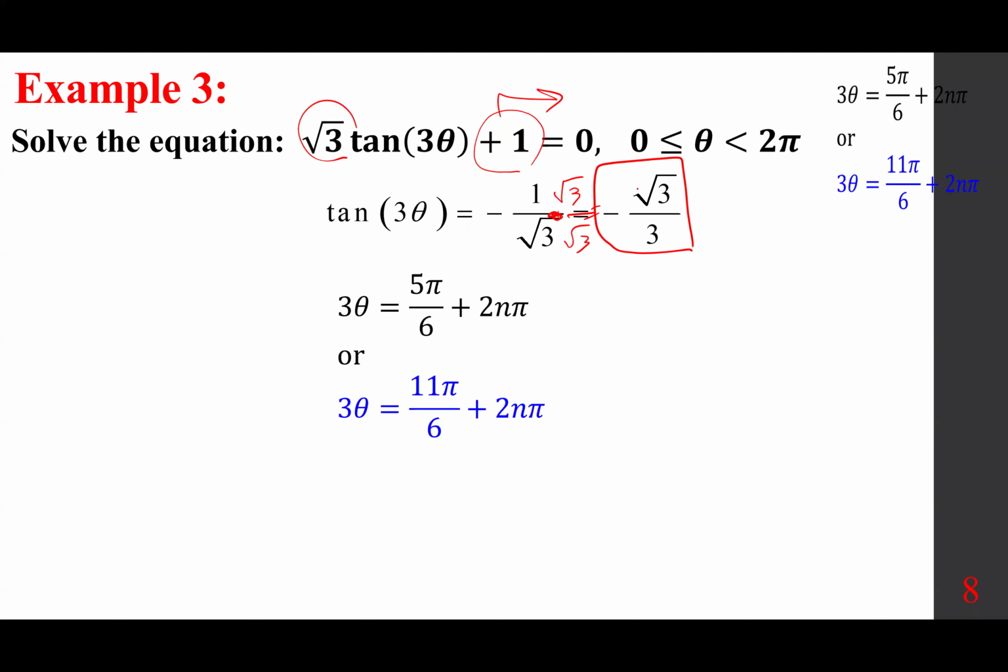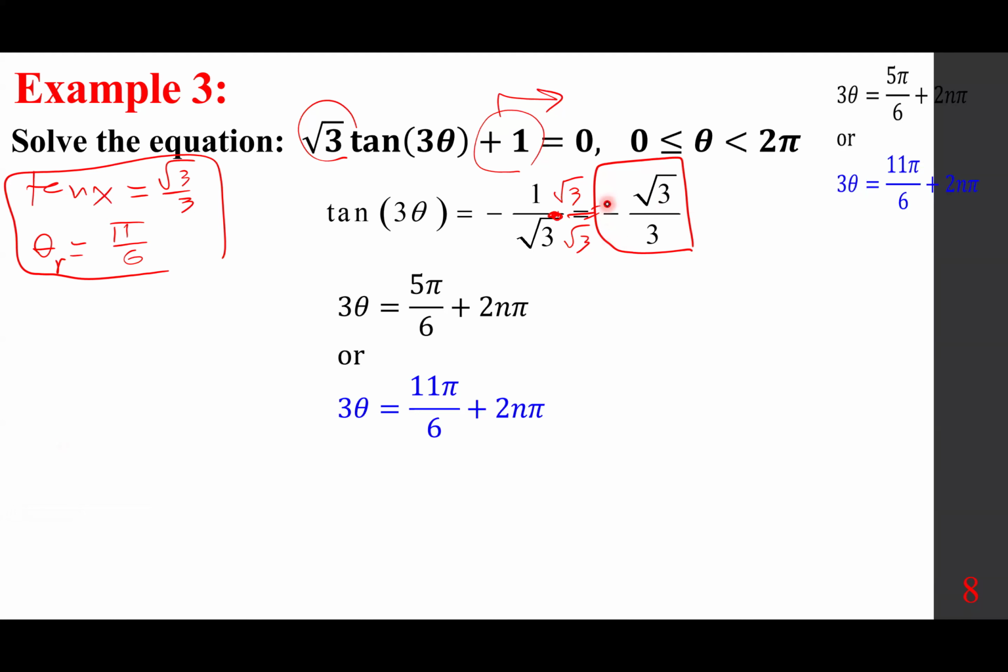So first, look at the square root of 3 over 3. It's important to understand the reference arc. Okay, so if tan x is square root of 3 over 3 for the reference arc, theta becomes pi over 6, okay? So this would be the reference arc. But it's negative.